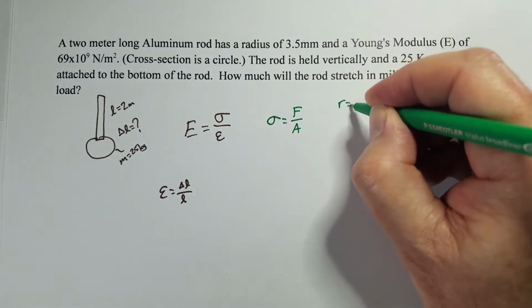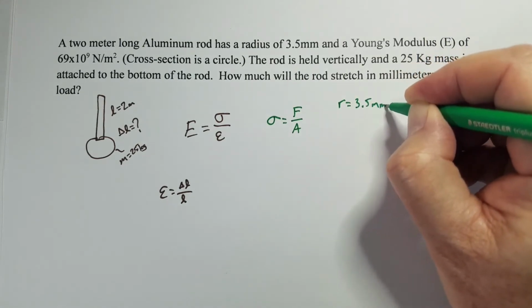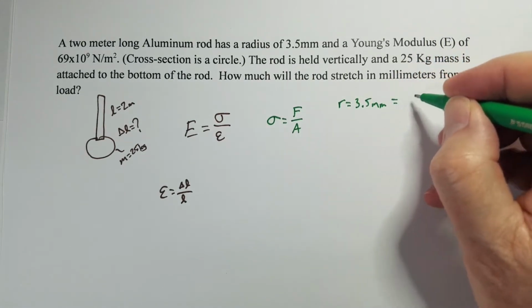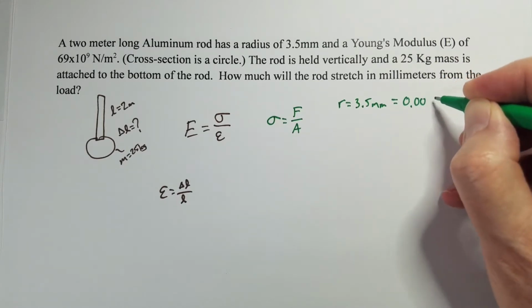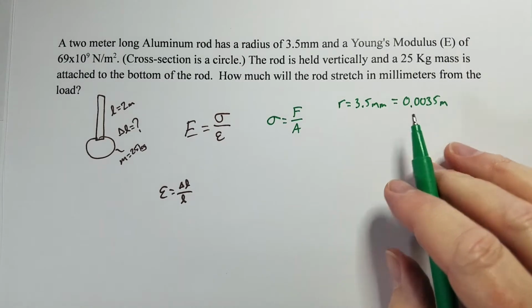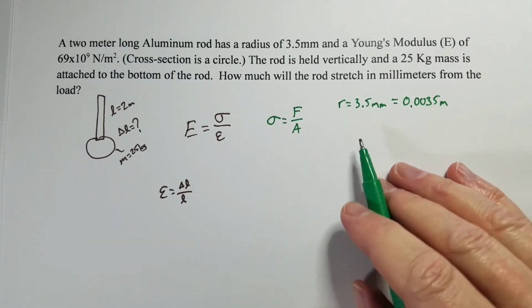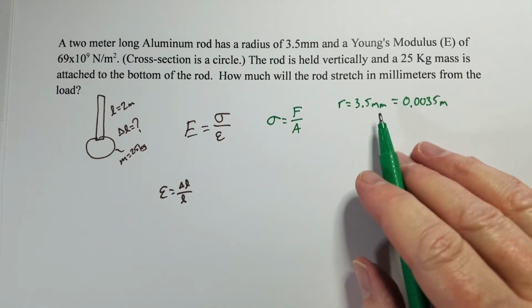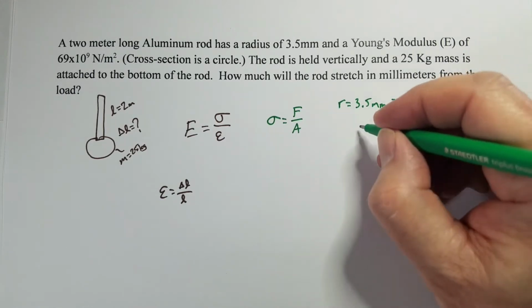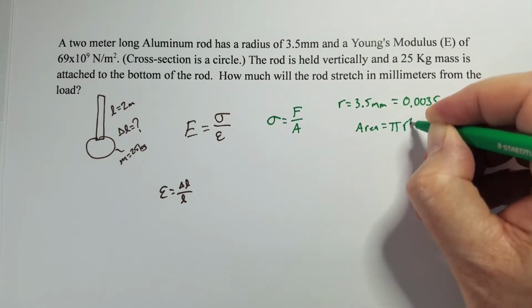And so I want to figure out the area. So our radius is 3.5 millimeters. Now I want to change that to meters, so that's 0.0035 meters, because we want to keep our standard units. Usually our standard unit is meters, kilograms, and such. So I want to get it out of millimeters and put it into meters. And then I want to find the area. Well, the area of the circle is pi r squared.